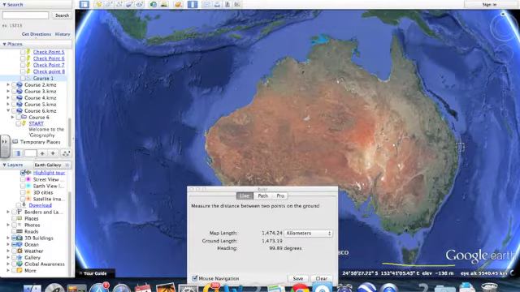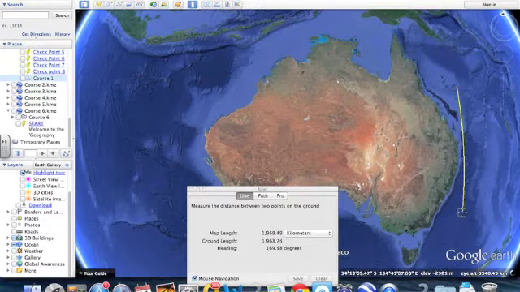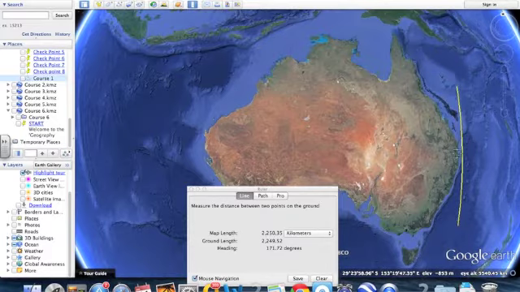On the other hand, if we do the same thing from the right side to the left, you can see that if I draw a line down here, Australia's eastern border, we're now looking at this figure in here, which is degrees east.